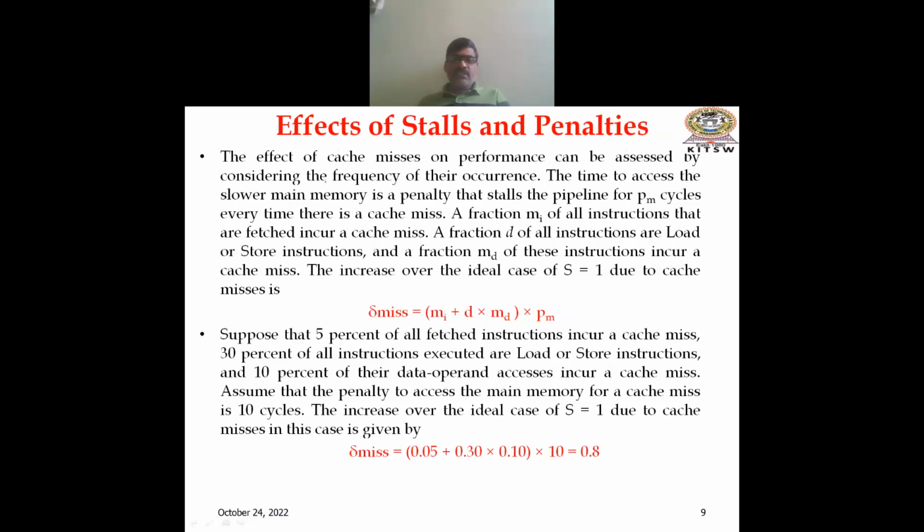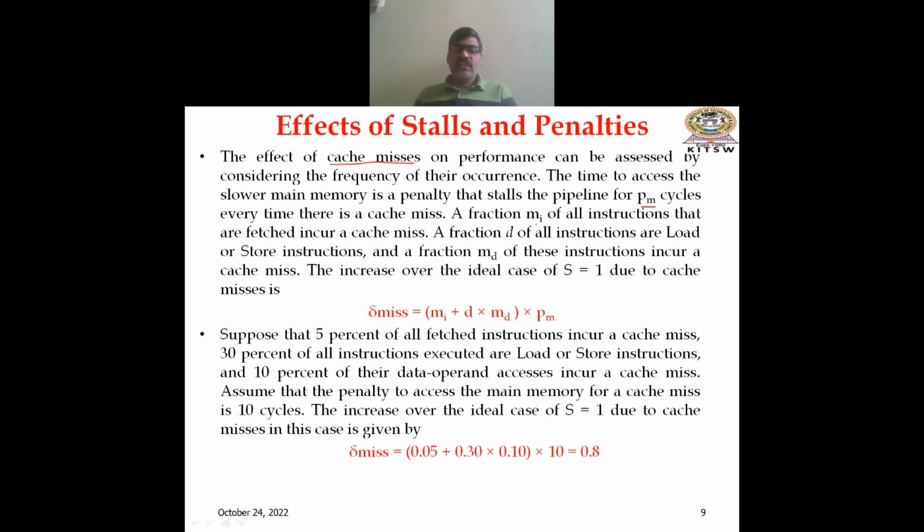And then next coming to cache misses, how can you estimate the effect of cache misses on performance by considering the frequency of their occurrence. For example, the time to access the slow main memory is a penalty that stalls the pipeline for PM cycles every time there is a cache miss.